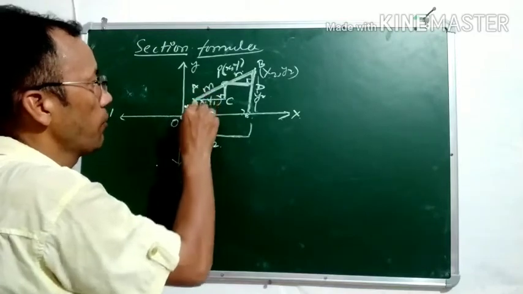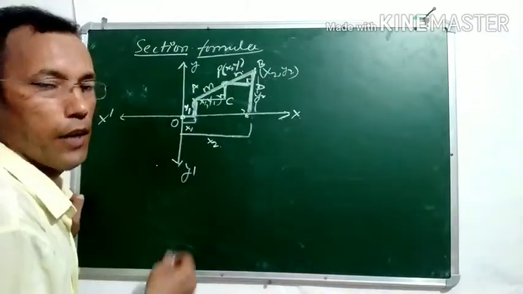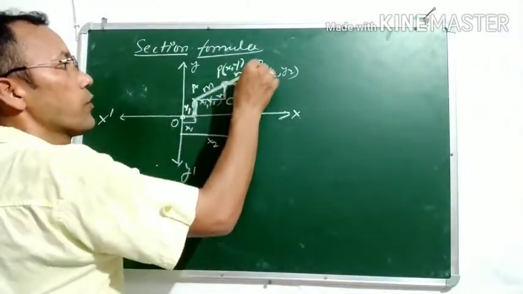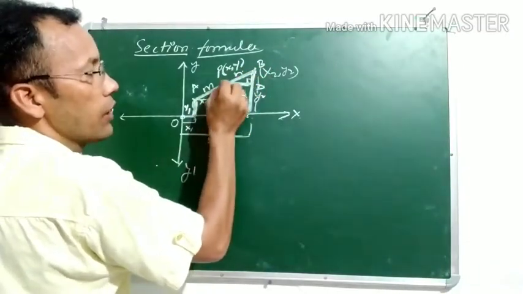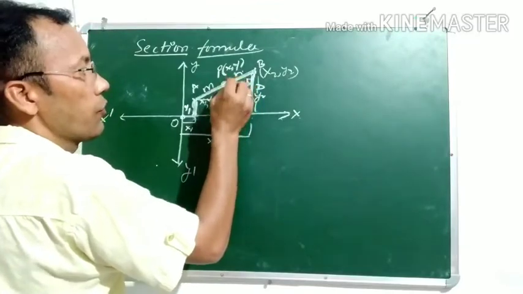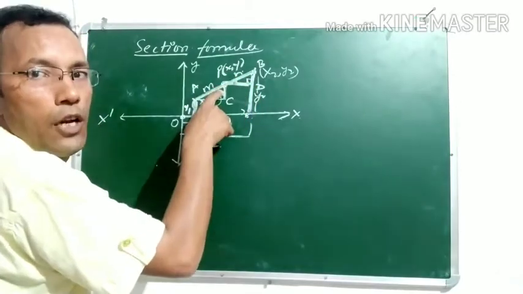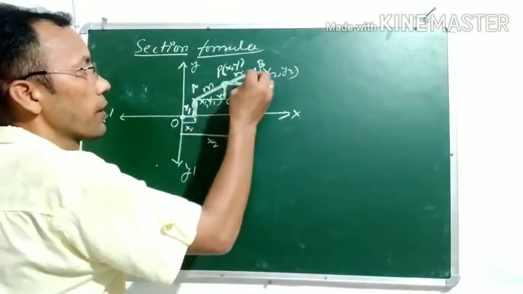This is 90 degrees, 90 degrees, and these are not vertically opposite angles.